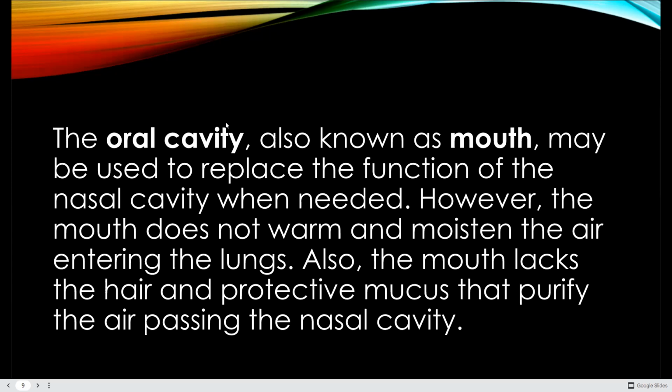However, the mouth does not warm and moisten the air entering the lungs. Okay? Also, the mouth lacks hair and protective mucus that purify air passing through the nasal cavity. So there is still possibility that you can actually absorb foreign substances or bacteria in the process.